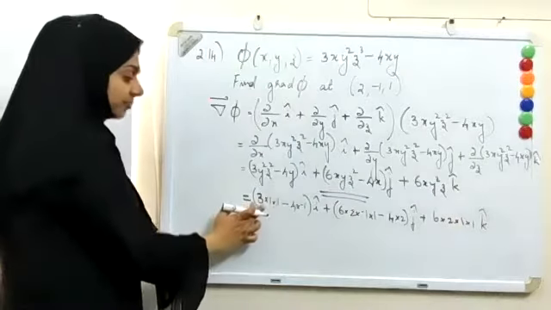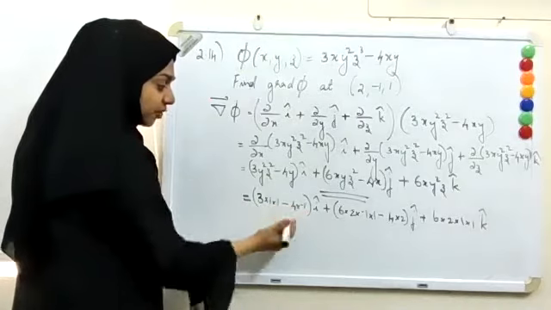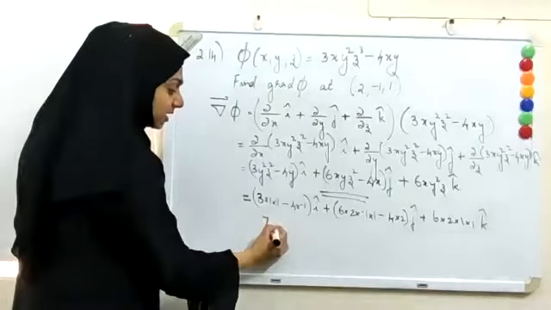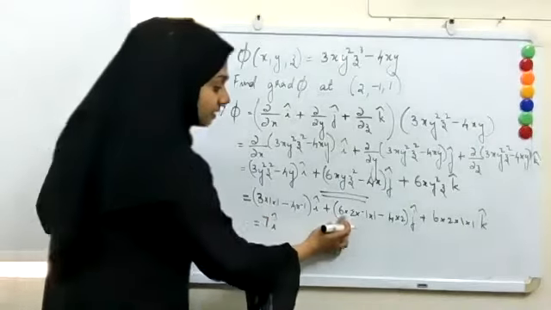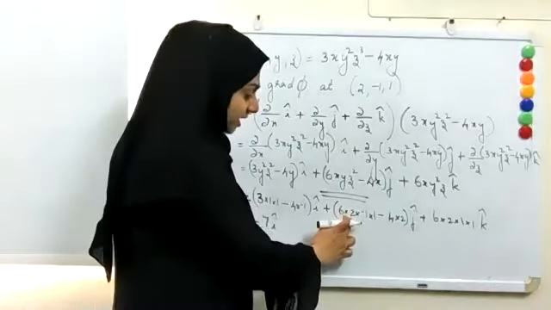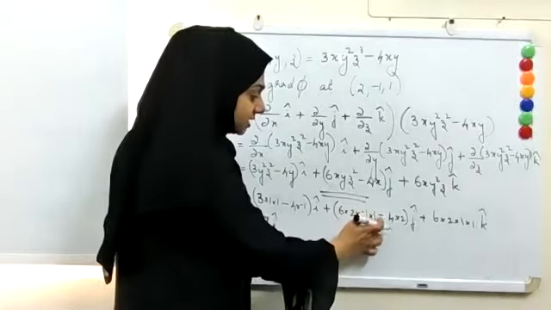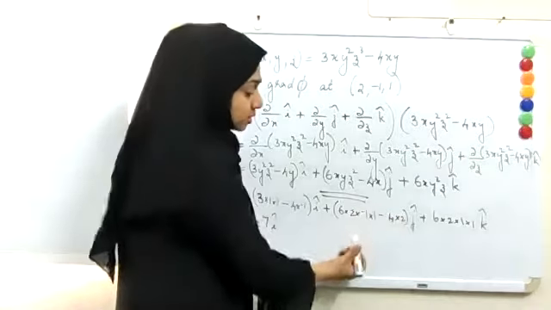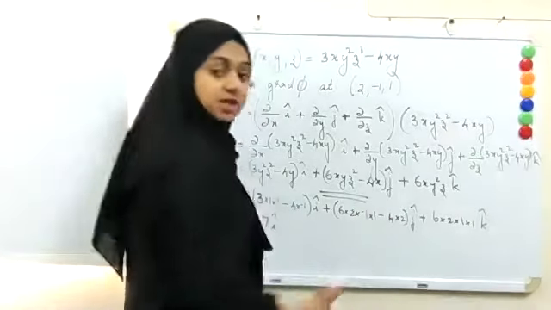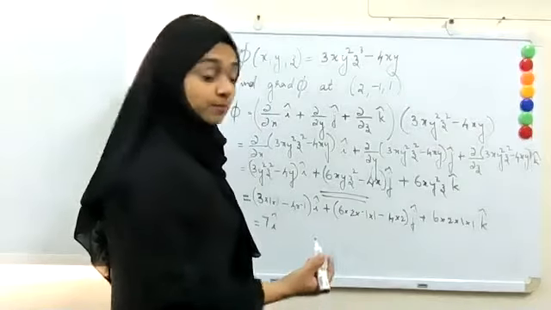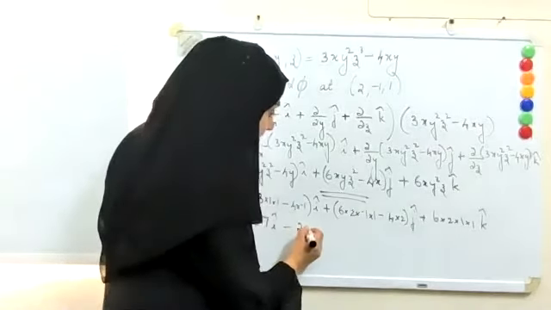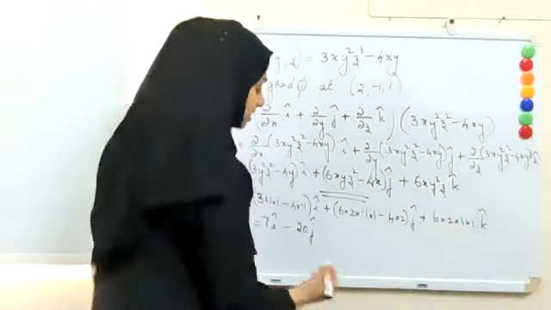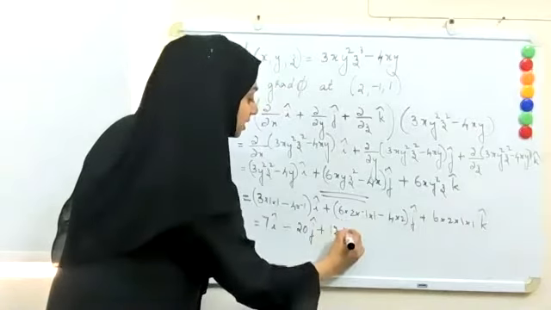So you can do here 3 plus 4, because minus times minus 4. So 3 plus 4 is 7 i cap. 6 times 2 is 12, minus 12 minus 8 because 4 times 2 is 8. So minus 12 minus 8 will give you -20 j cap, and here you have 6 times 2, 12. So plus 12 k cap.